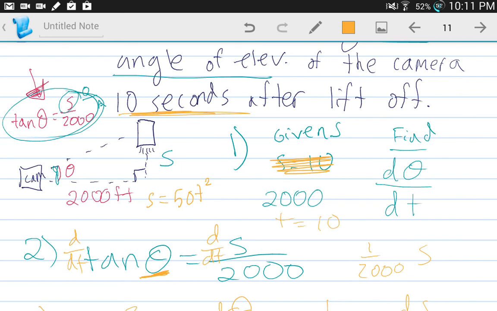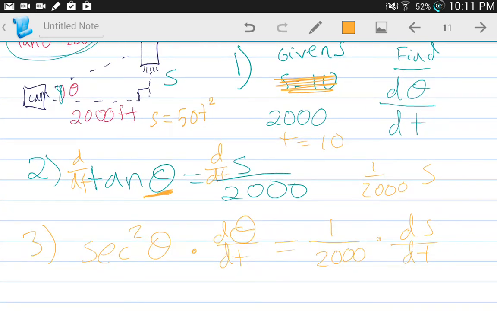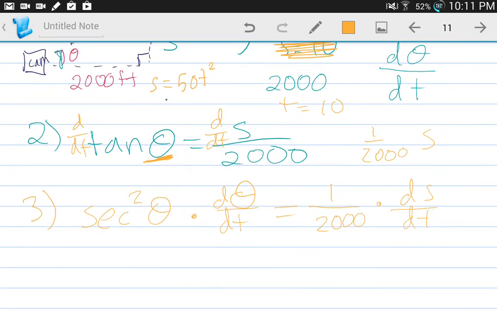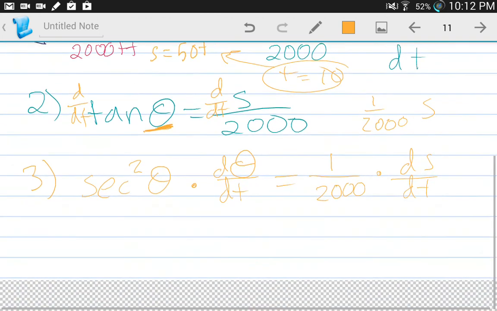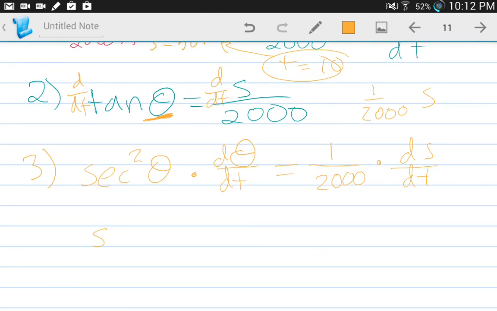So we can find ds over dt and we can find s by plugging that in to the equation in the picture. So s equals 50 times 10 squared, which is 50 times 100, or 5,000.